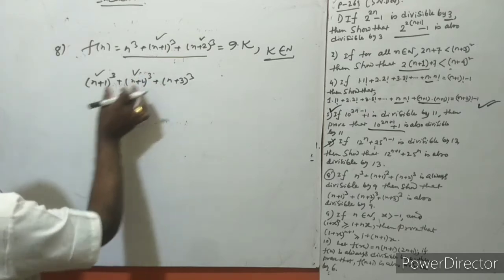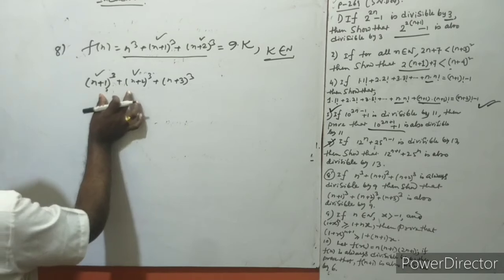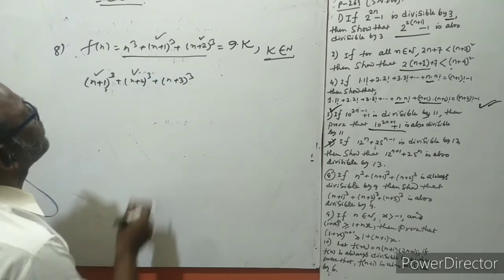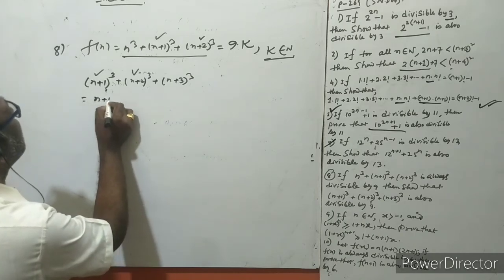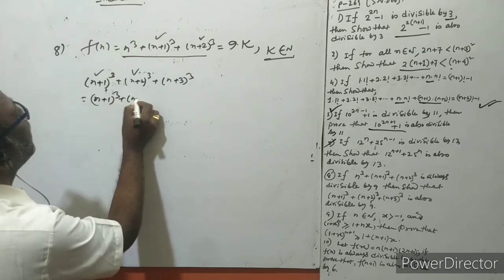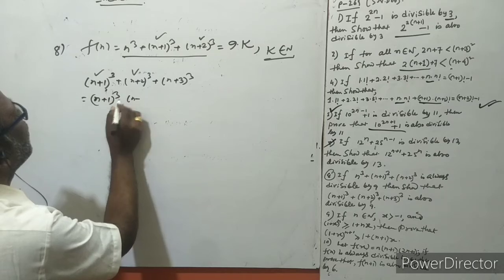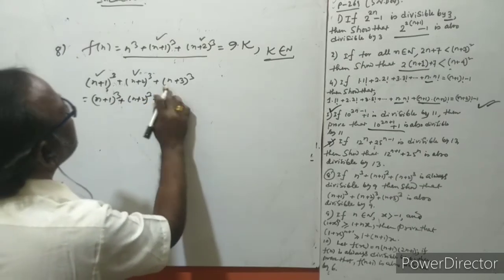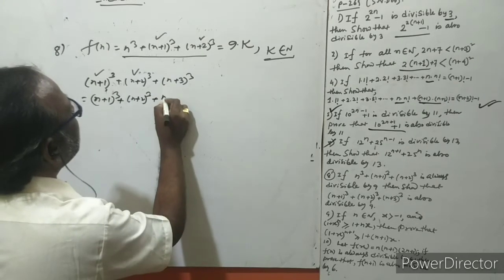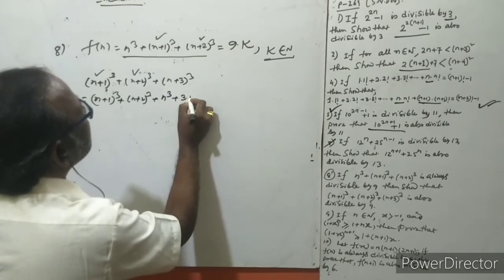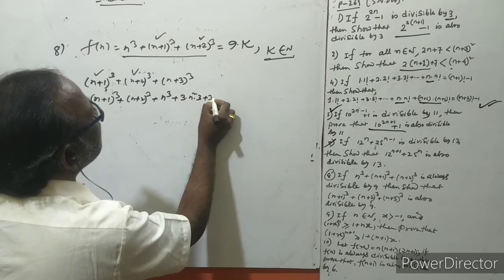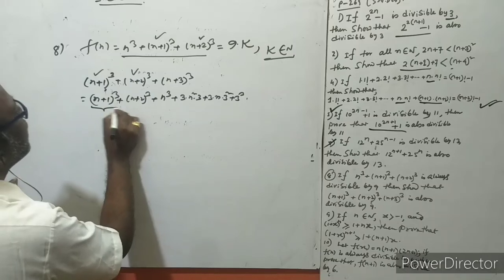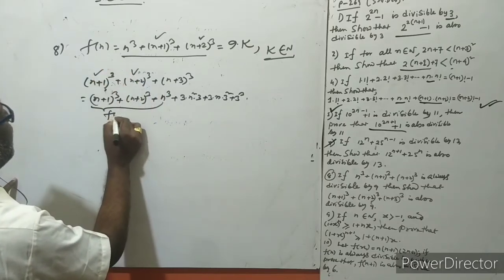Don't expand the common part, as that is the given condition. So now expand n plus 3 whole cube as n cube plus 3n square into 3 plus 3n into 3 square plus 3 cube.